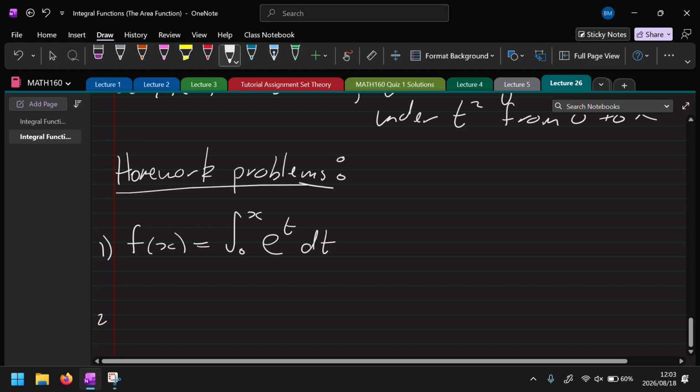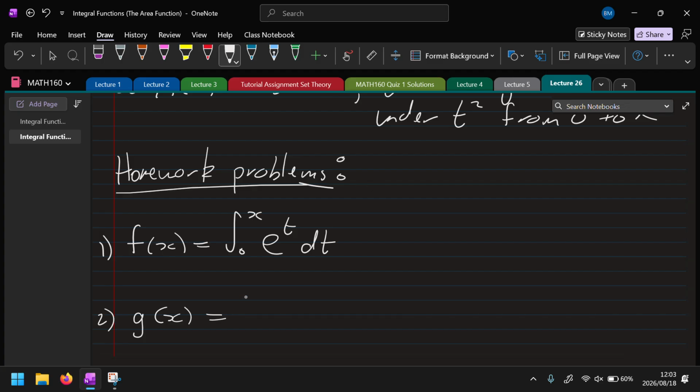And number 2, g of x, that's the integral from 0 to x of sine of t dt. So f is the area function for the exponential, and g is the area function for sine. Please do these for tomorrow.